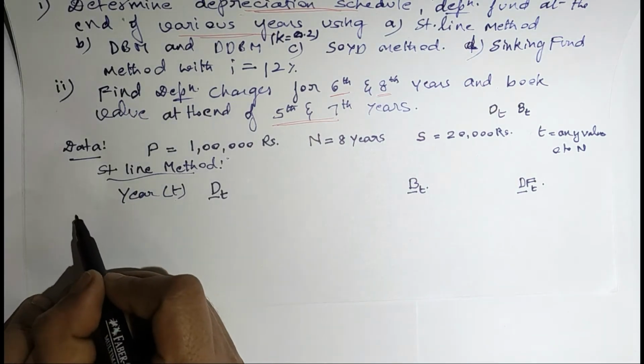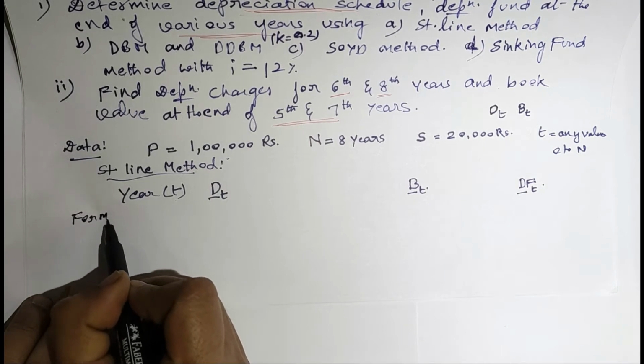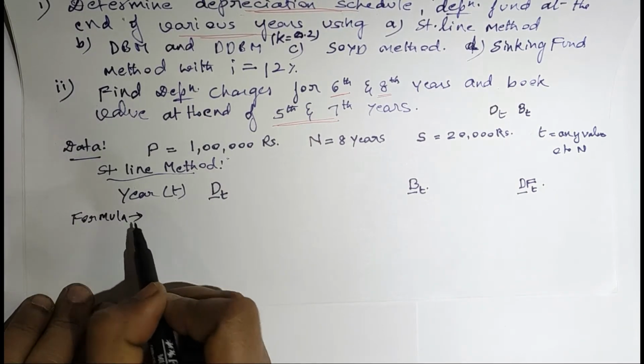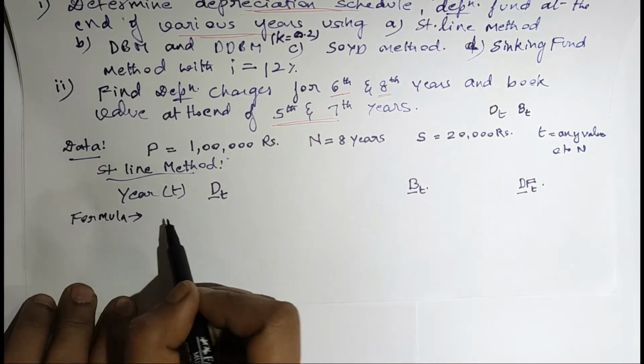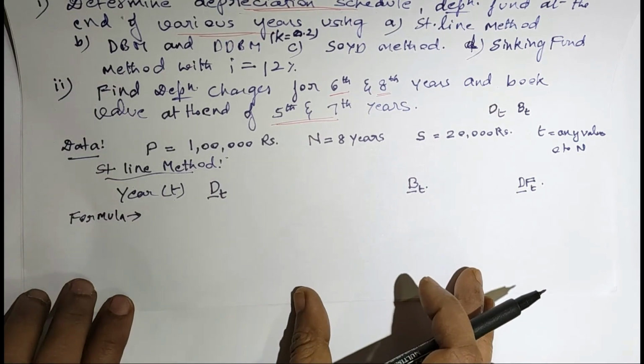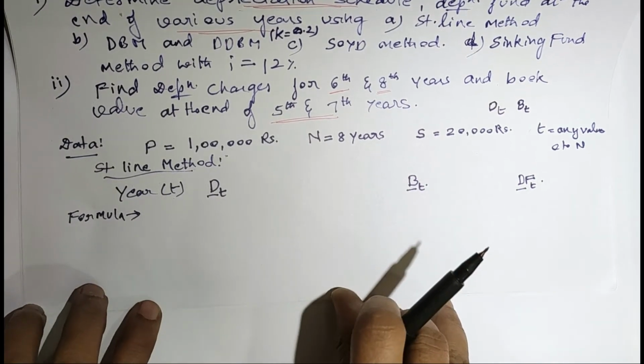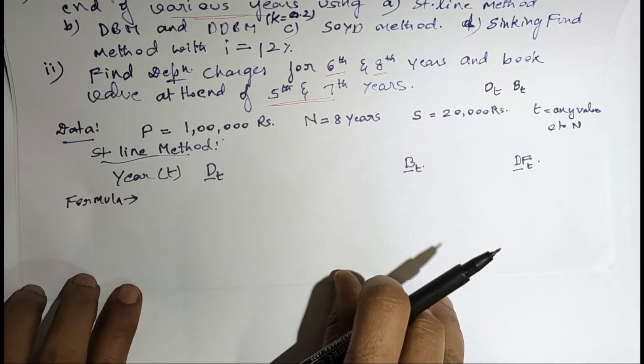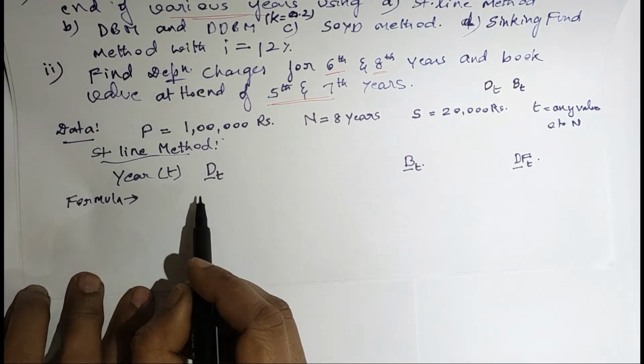Now let us have the formula, because without the formula, if you write the values in the table, it is not valid, because you can copy also. For the formula we have separate marks. Always keep in mind, even if you go wrong in the calculation, you will get marks for the formula.